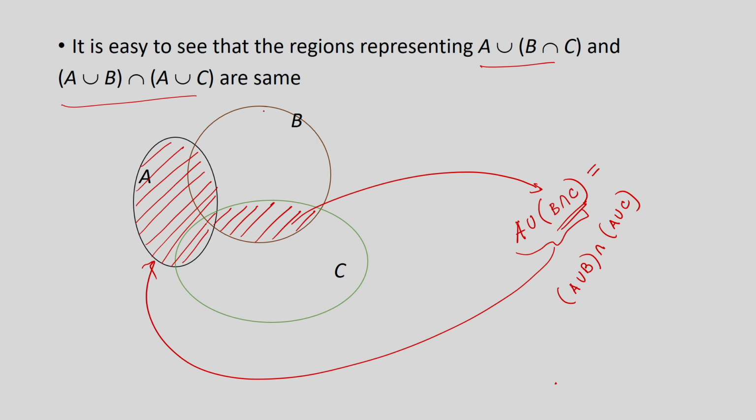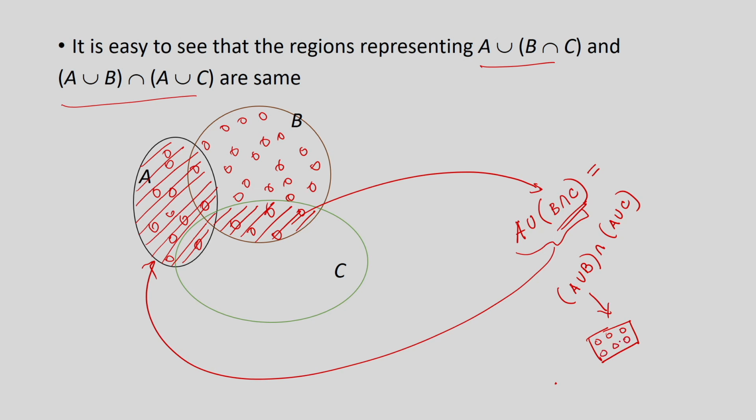So, let me use another shading strategy. So, A union B is this.